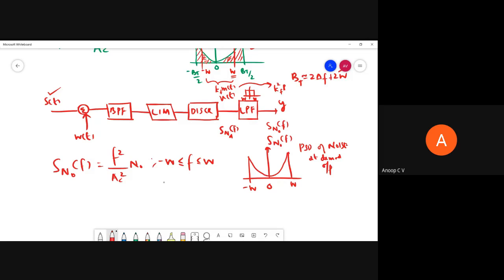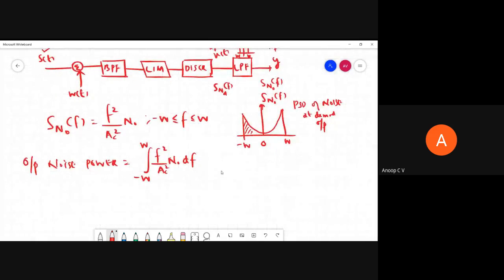Now what will be the noise power at output? Output noise power will be the area under this, that is the integral from minus W to W of F square by AC square N naught DF.